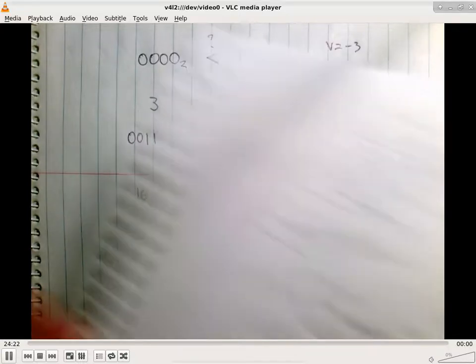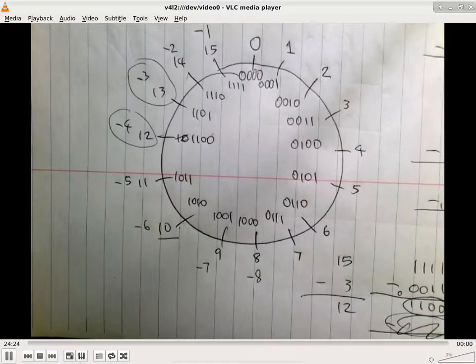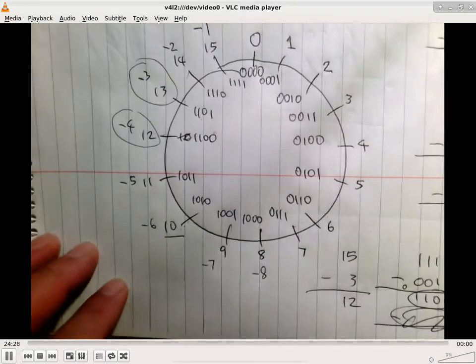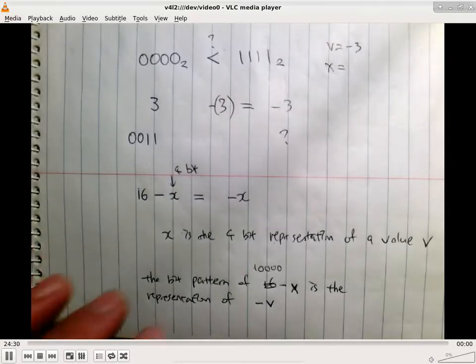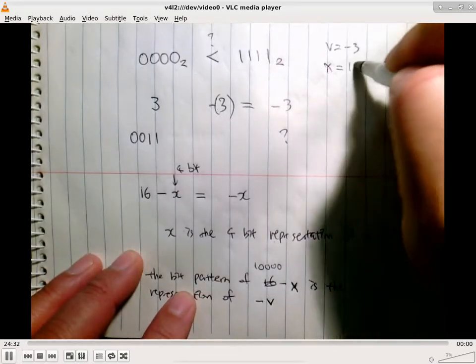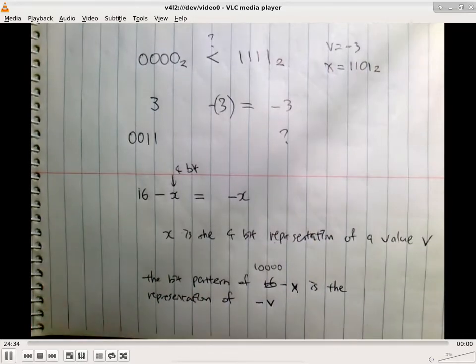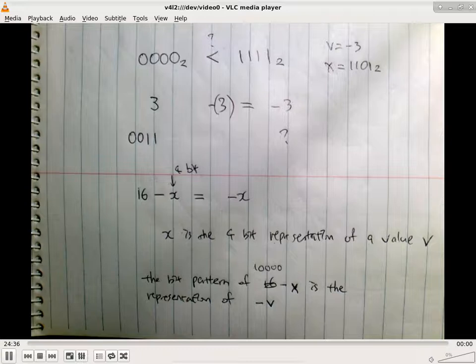Well, you don't have to do any calculation, just look it up: 1, 1, 0, 1. So x is 1, 1, 0, 1 in base 2. Is that okay? Because v is the actual value, which is -3, but x is the binary pattern representing that value based on that wheel.